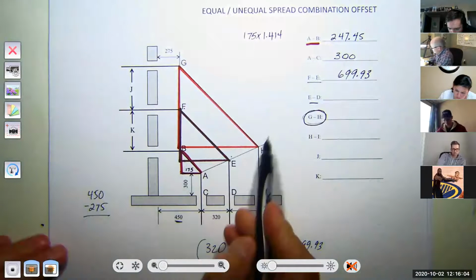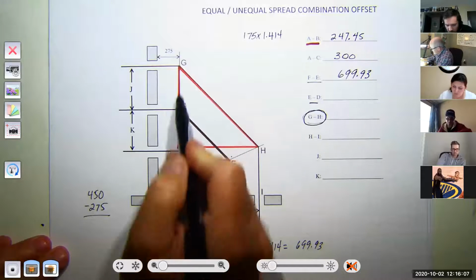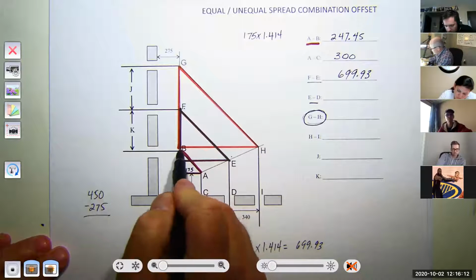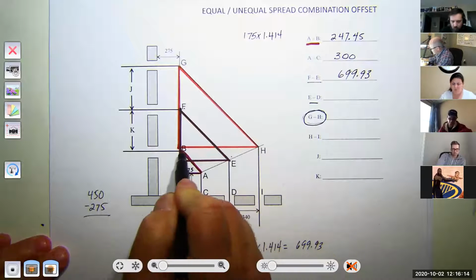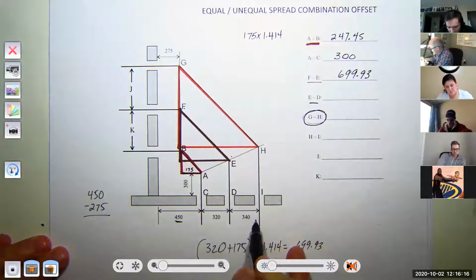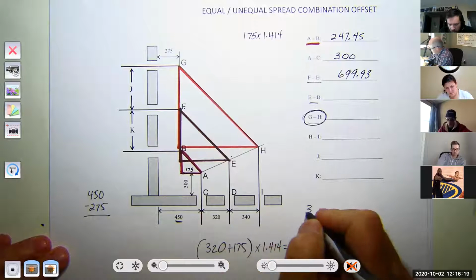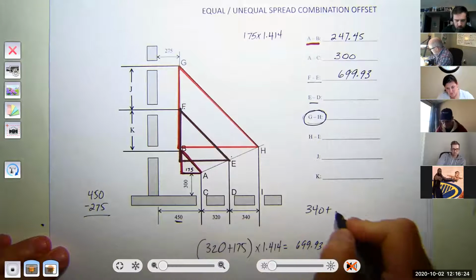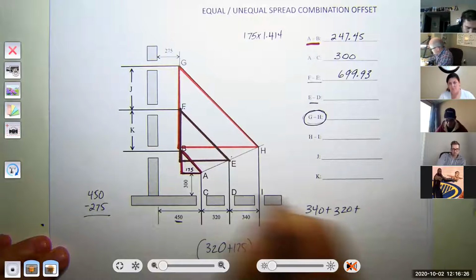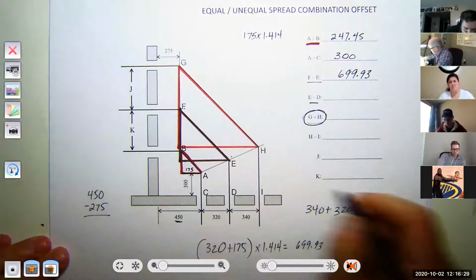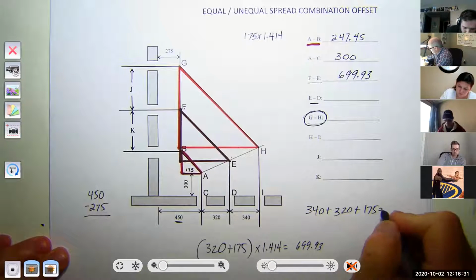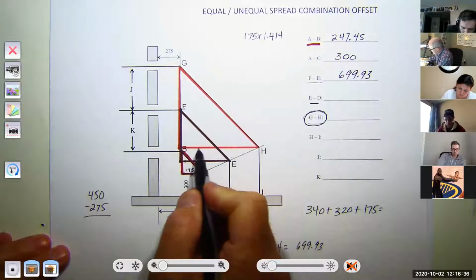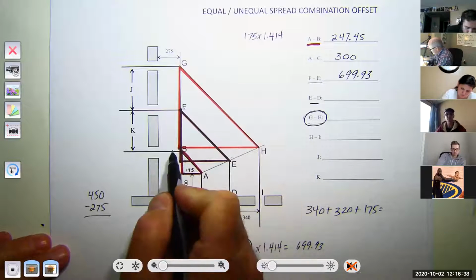So I drew a right angle triangle to solve for G to H, and I can get my run, which is right here, by adding 340 plus 320 plus 175. So 340 plus 320 plus 175 is the run for that.